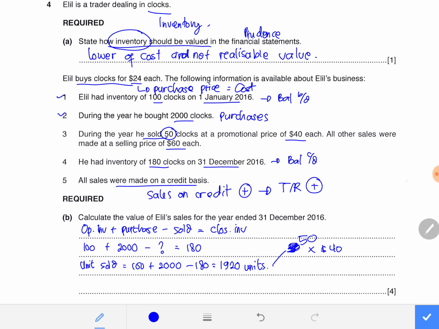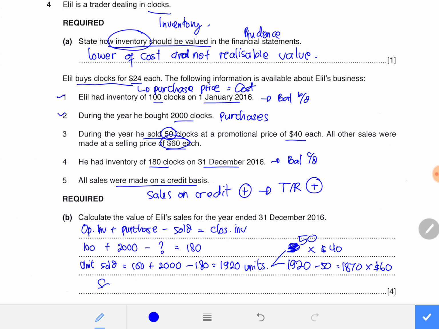50 is sold using a different selling price, which is $40. But the remaining amount would be 1,920 minus 50, which is 1,870, sold using a different selling price, which is 60.